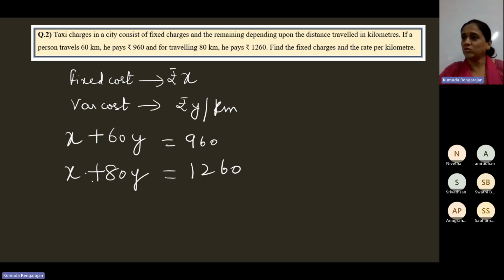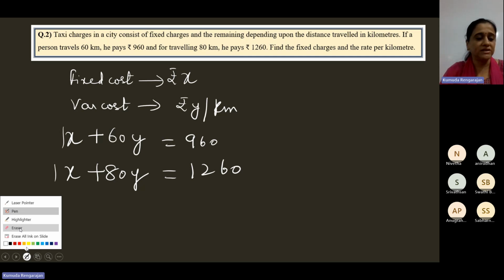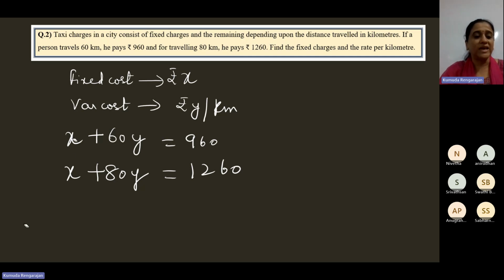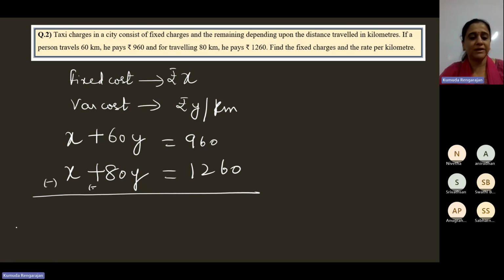So here you don't have to write equivalent equations because already you see X, 1X, 1X. So you can directly change the signs. You have to change the signs in the second equation. Minus, minus, minus. So X minus X cancels.